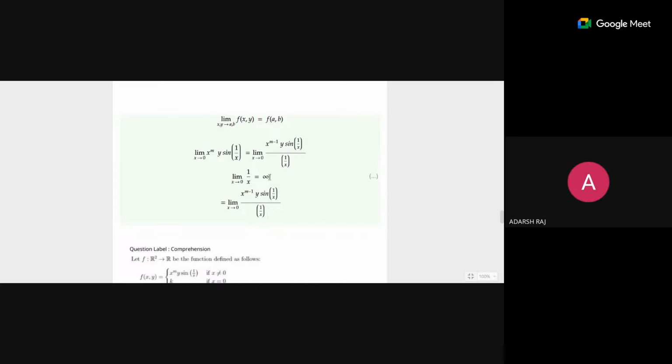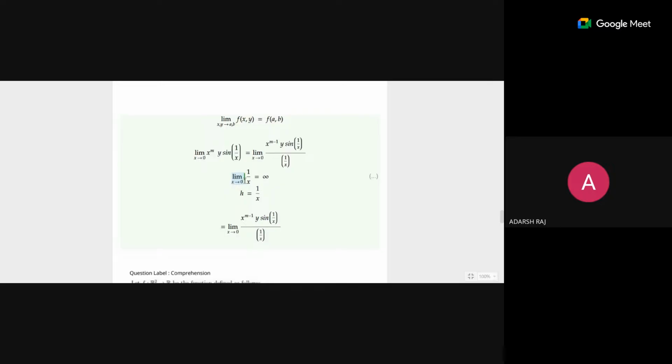So I just take 1 by x equal to h. Can I take this? And now I rewrite the limit like this. I take h equal to 1 by x and rewrite the limits.